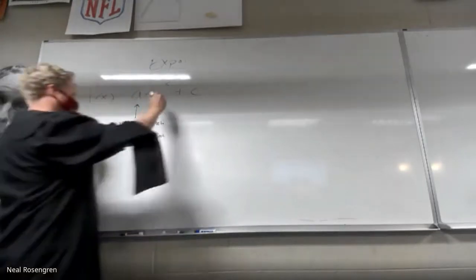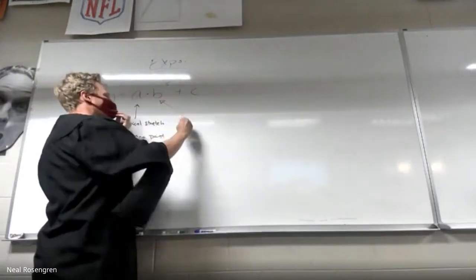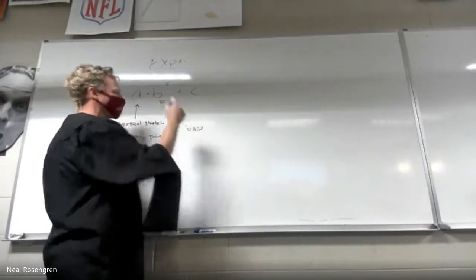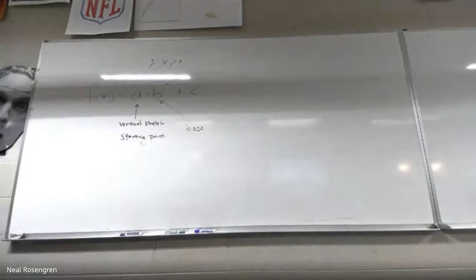The base is b. Now, today we're going to start getting into more specifics about that base. But tell me about the size of that base, based on what we know so far, and how that can help us understand when it's going to go up from left to right and when it's going to go down.